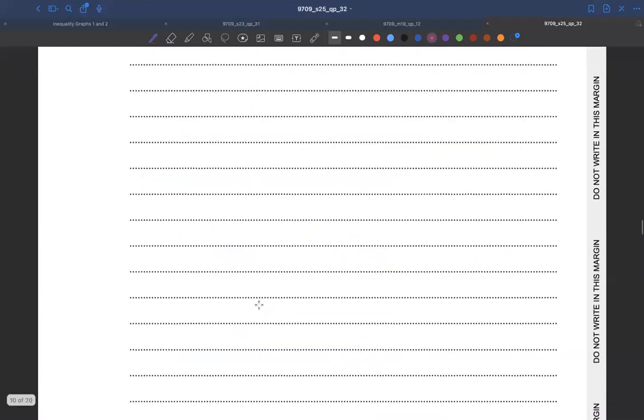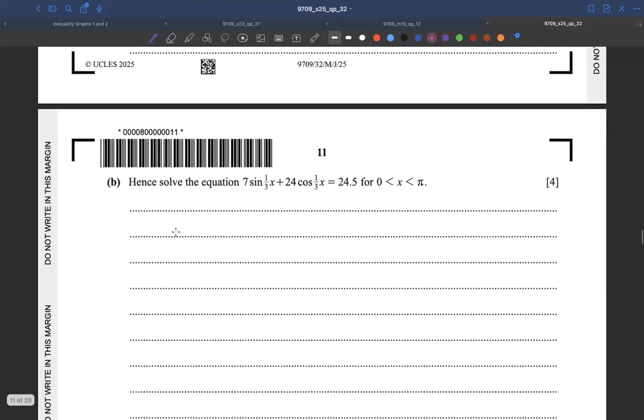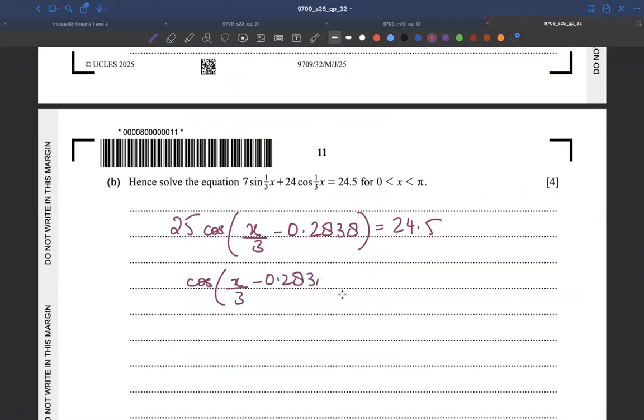So we can write this as 25 cos of x upon 3 minus 0.2838 equals 24.5. So 25 will divide on the right hand side, and we'll get cos of x upon 3 minus 0.2838 equals 24.5 upon 25.